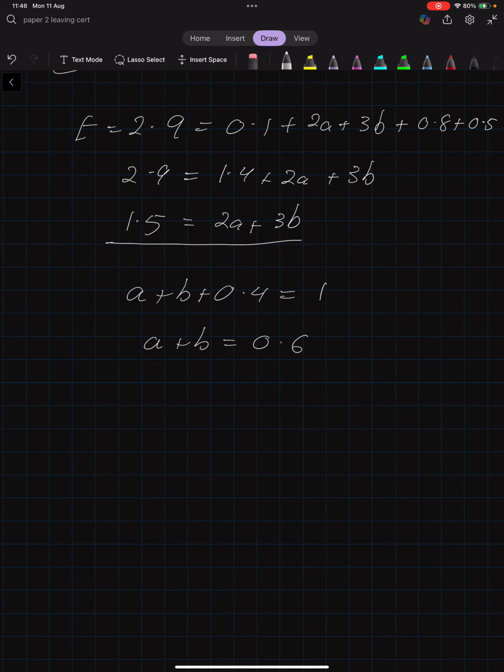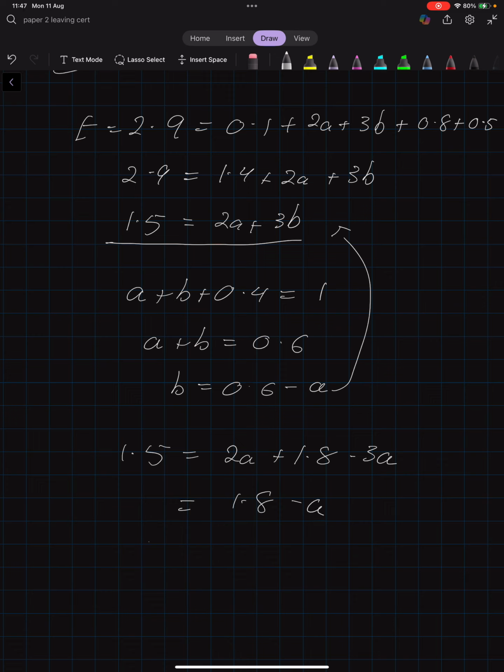And so then I can say that B has to be 0.6 minus A. Plug that in here. It's just minus 3A. So that's going to be 1.8 minus A. So I get A is going to be 0.3, and then B also has to be 0.3.